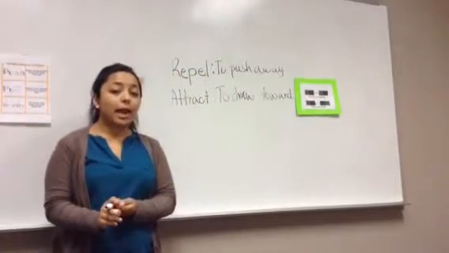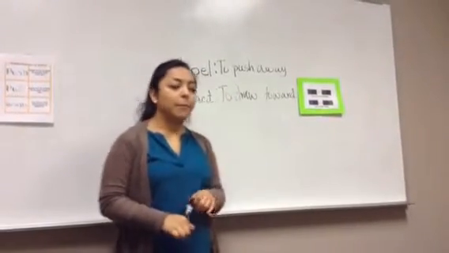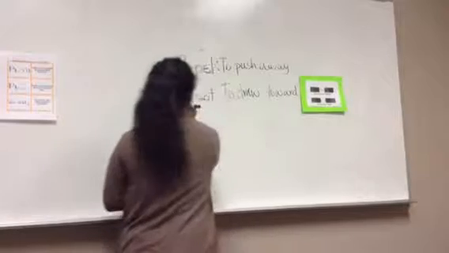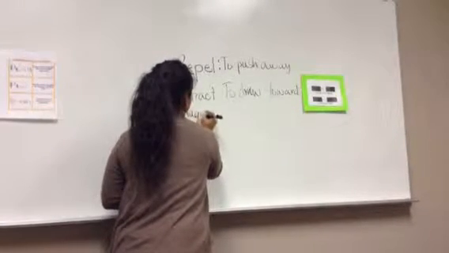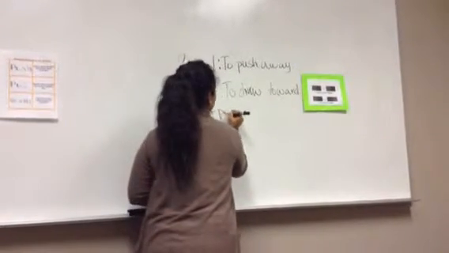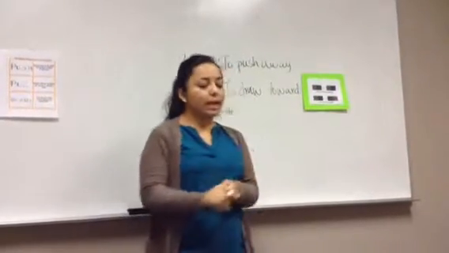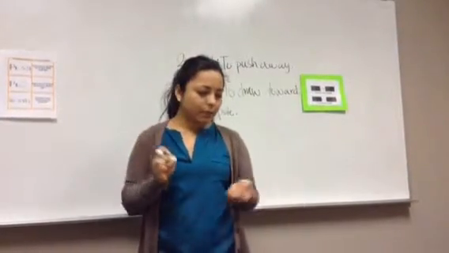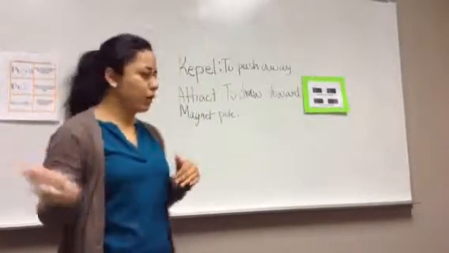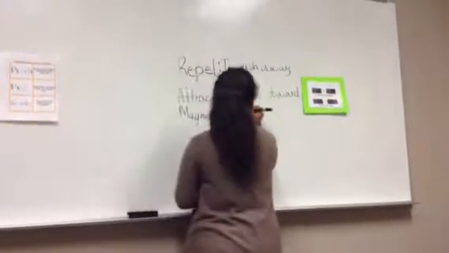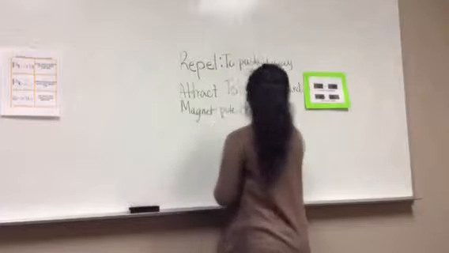Okay, and then we have magnet pole. Magnet poles are the ends of the magnet where the force is the strongest. Okay, so I'm going to go ahead and write it down.